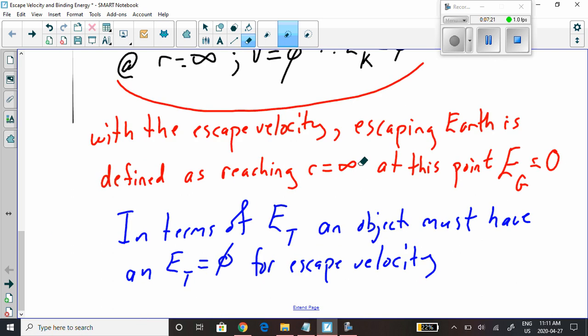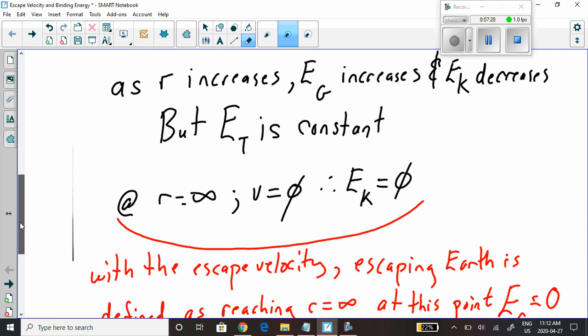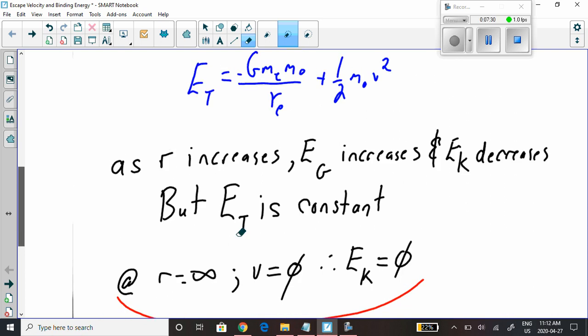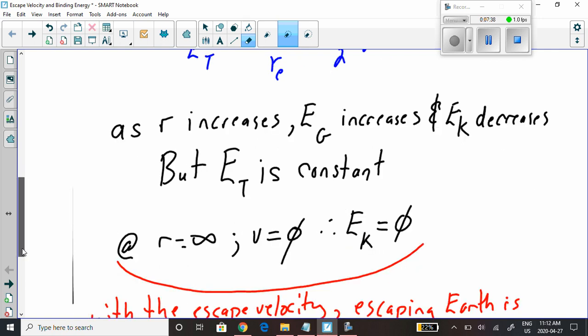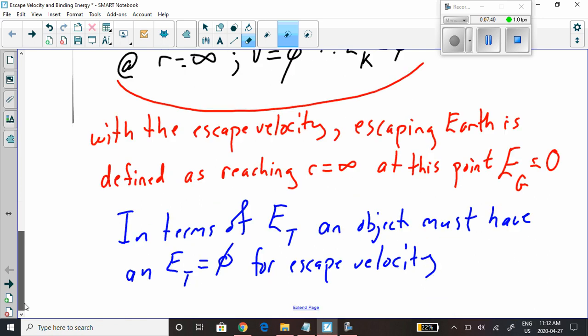When r equals infinity, Eg is zero, but a few moments ago we said that at infinity it slows down to zero, so its kinetic energy is zero. Your gravitational potential energy is zero, and your kinetic energy is zero.